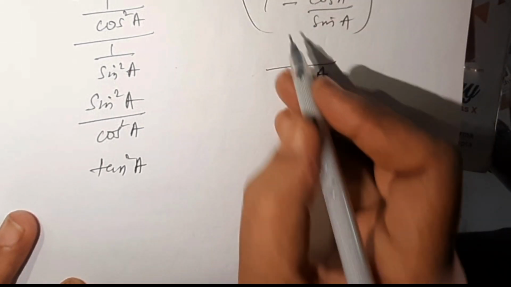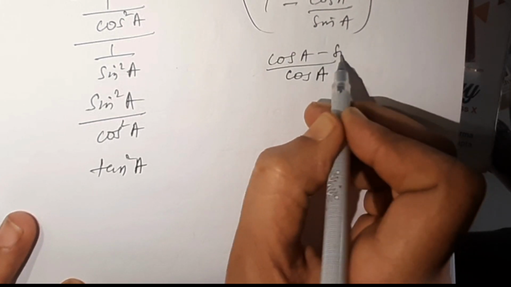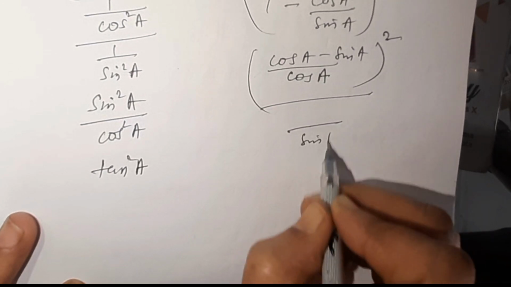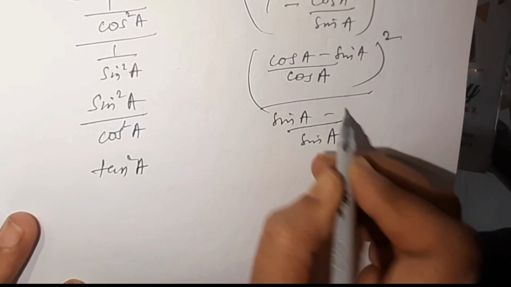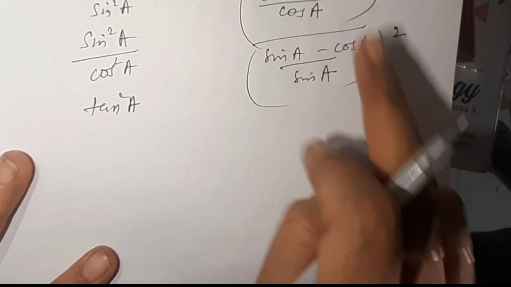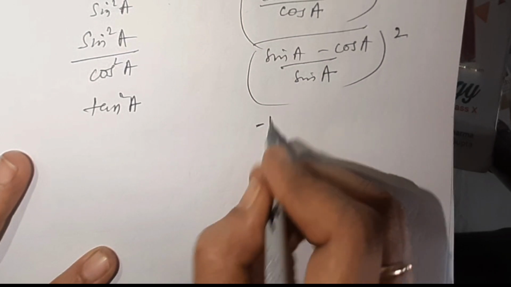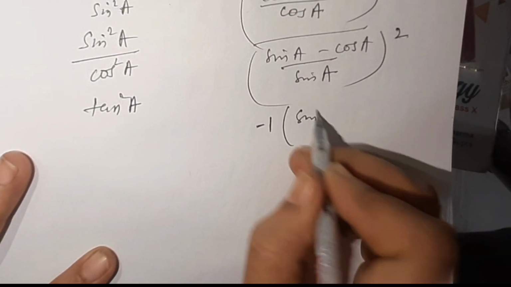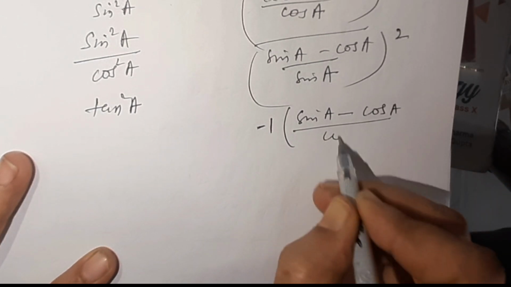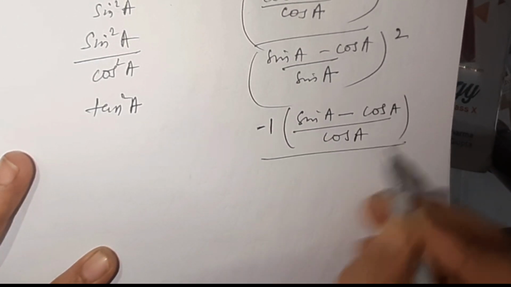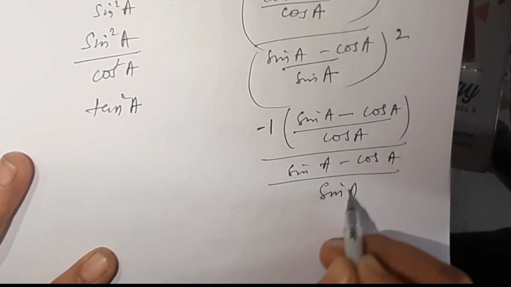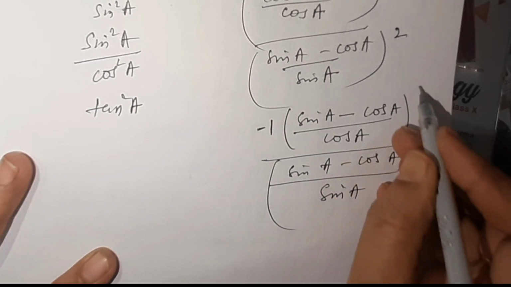Cos A is LCM, so 1 multiplied by cos is cos A minus sin A. In denominator we are having sin A as LCM, so it's sin A minus cos A. Here we can say that both the terms are same, but there is a sign difference, so we can take minus 1 common. If we take minus 1 common, this will be sin A minus cos A upon cos A, terms will get reversed, and the same way sin A minus cos A upon sin A. The whole terms are in square form.